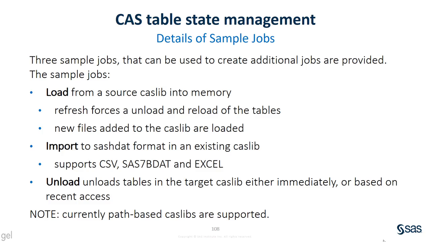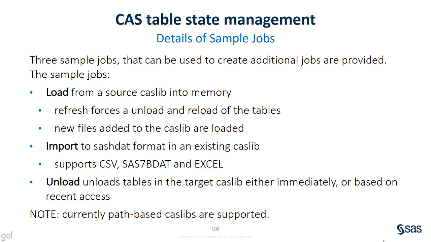I could set up a load job that every hour, or whatever schedule I pick, is going to take the source of that CASLIB and refresh the data into memory. It would also pick up any other tables I dropped into that CASLIB source. So if I drop a CSV file in here at 12:30, at 1 o'clock, with my load job, that CSV file would be loaded into memory. So very like autoload was in SAS 9.4.